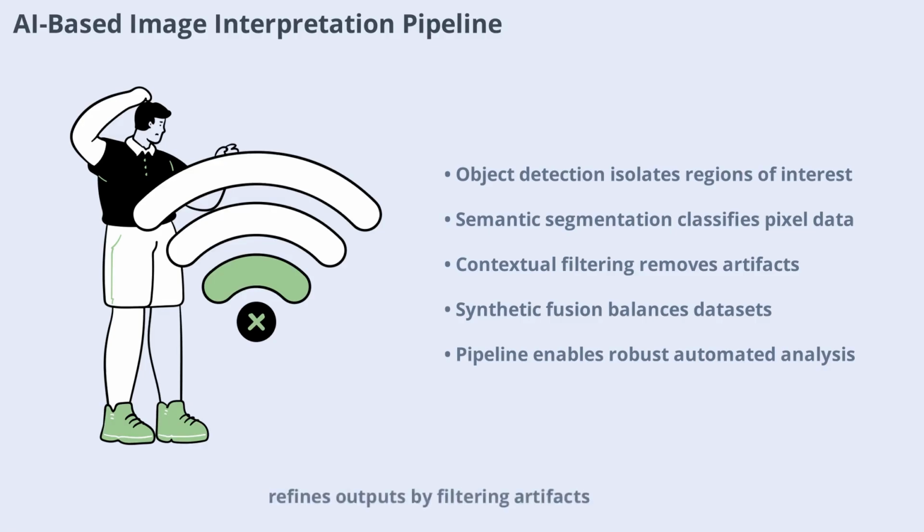Contextual filtering, often using RNNs, refines outputs by filtering artifacts. Synthetic fusion data guardrails train models on balanced datasets, reducing errors from poor image quality or hardware differences. This pipeline enables robust, automated analysis of complex panoramic images.